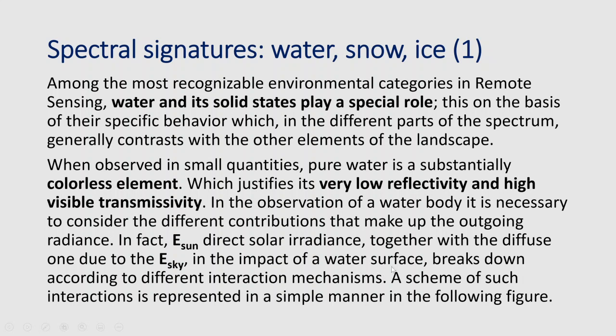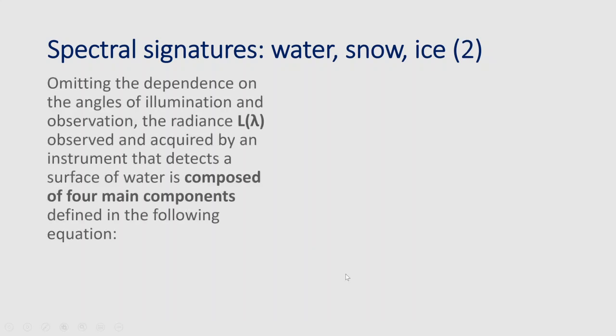So these two kinds of irradiance coming from the sun and coming from the sky, for example, by means of scattering, selective or non-selective, when they are impacting on a water surface, break down according to different interaction mechanisms. A scheme of such interaction is represented in the following figure.